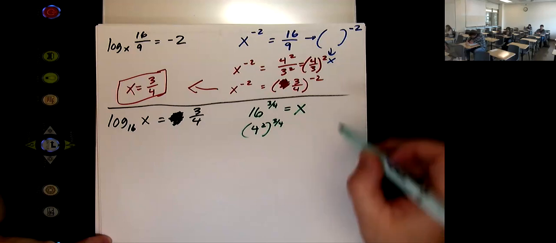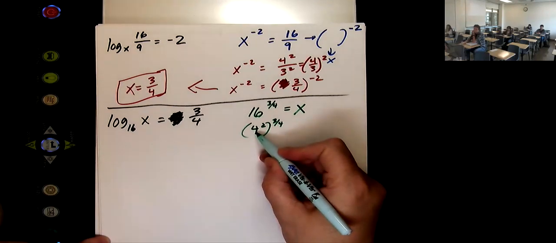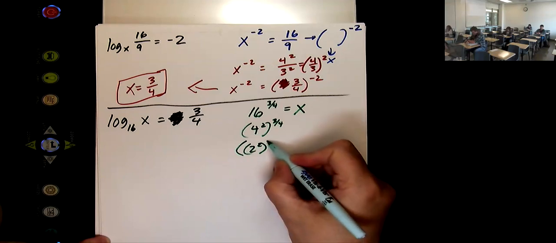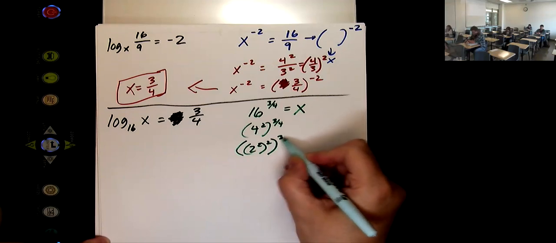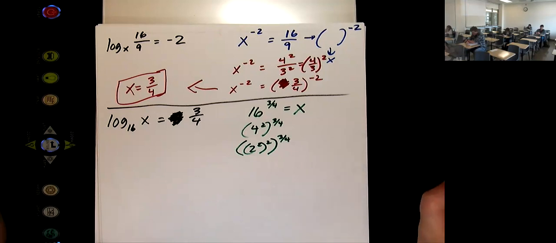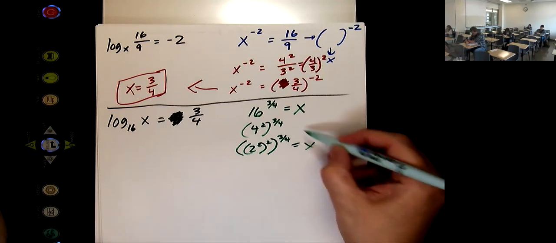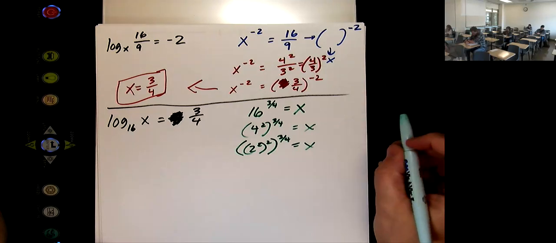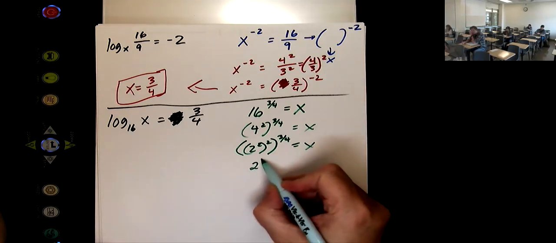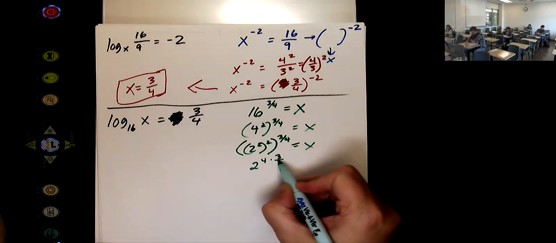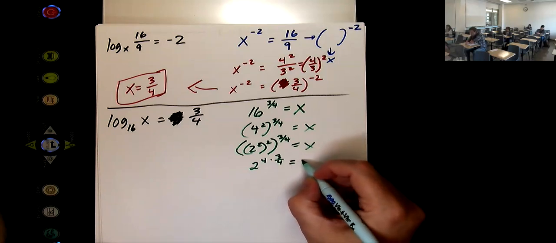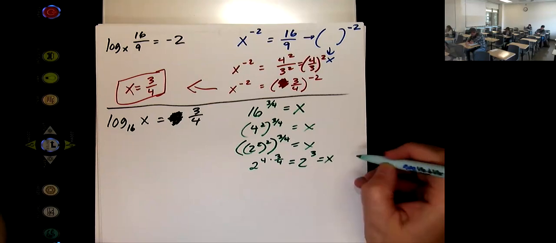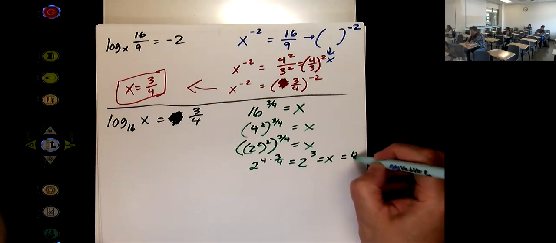I can, right? Each of the 4s is a 2 squared. So 2 squared squared to the 3/4. That still equals x. So this is like 2 to the 4th times 3/4 ends up being 2 cubed, which is x. 2 cubed equals 8.